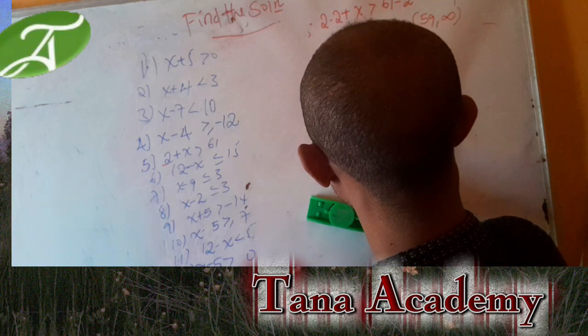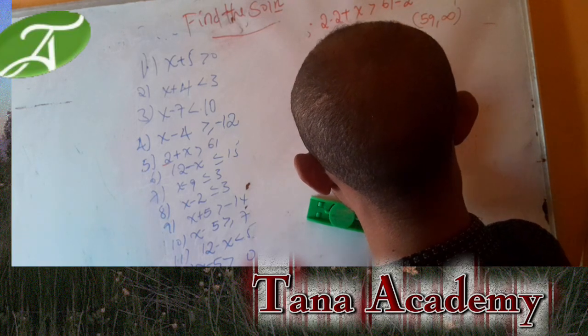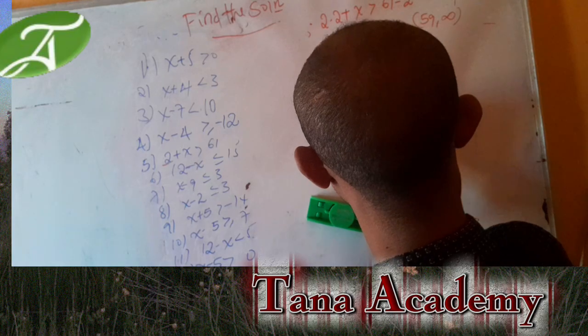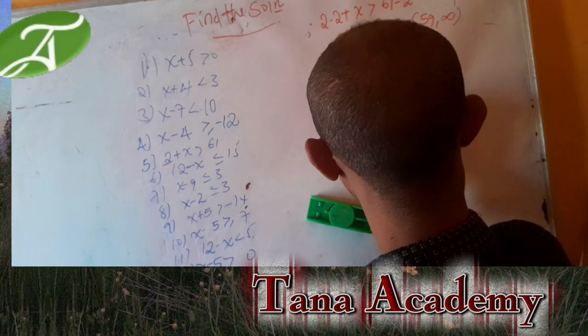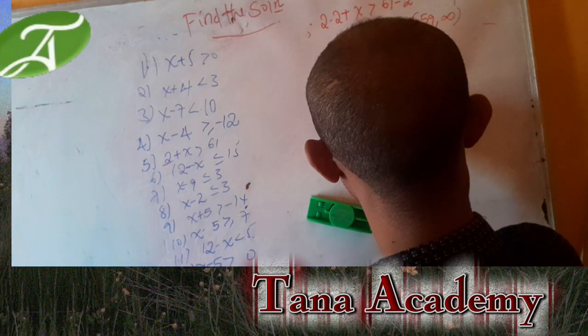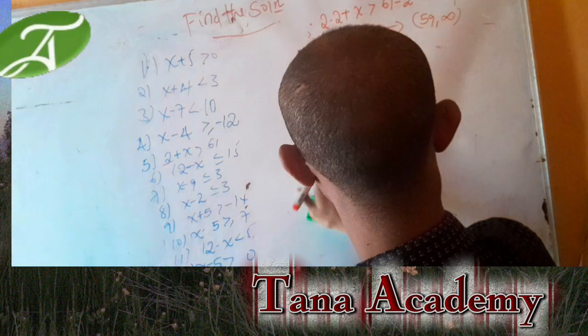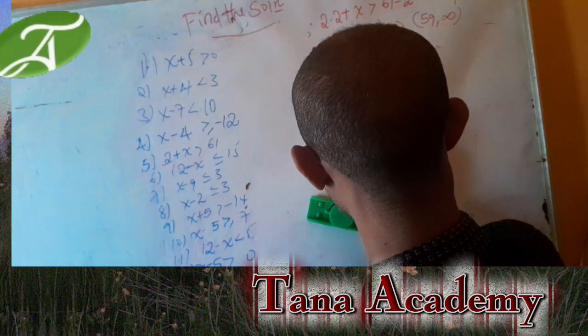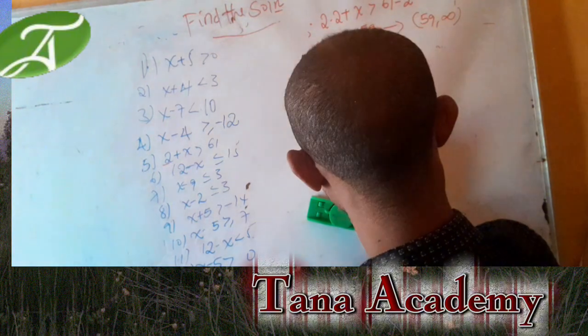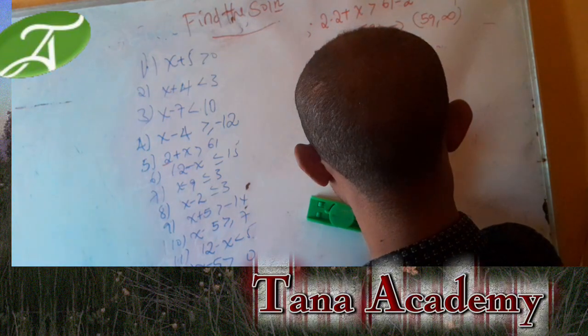Therefore, minus 12 minus 15 both sides, plus x. 12 minus 15 becomes negative 3, less than or equal to x.